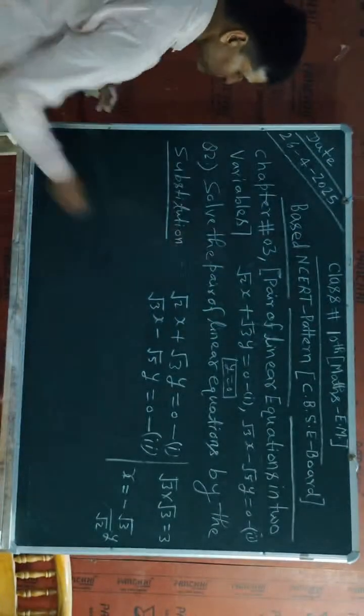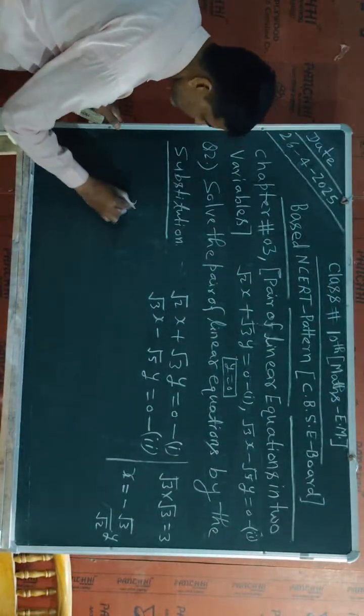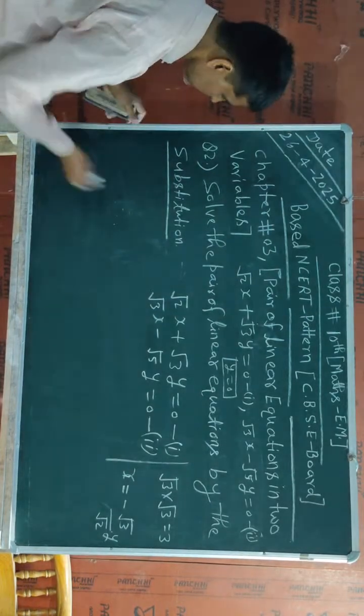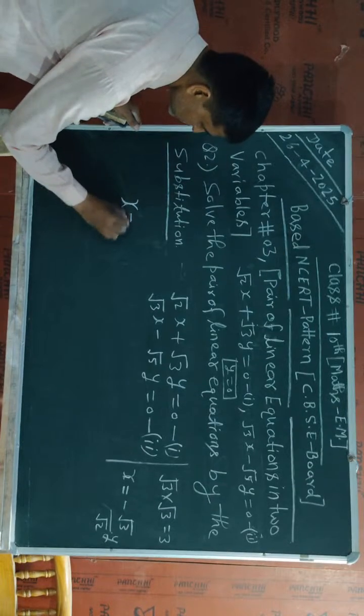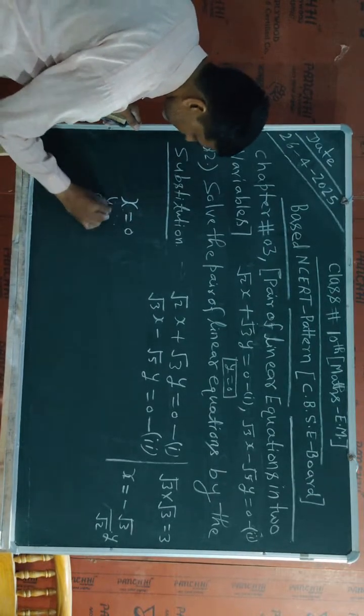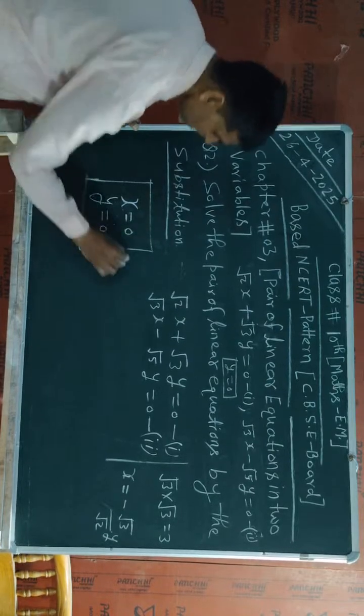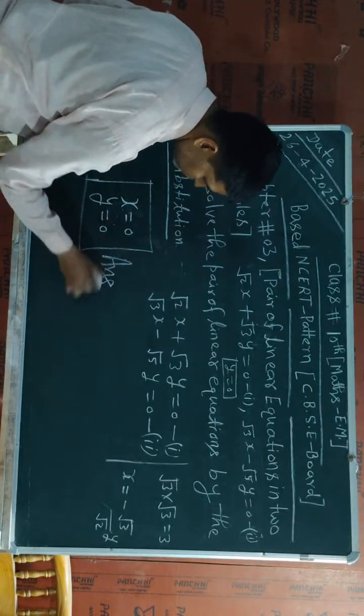Now after solving these two equations, I have got the value of x which is equal to 0, and the value of y which is also equal to 0. So this is the final answer of my question.